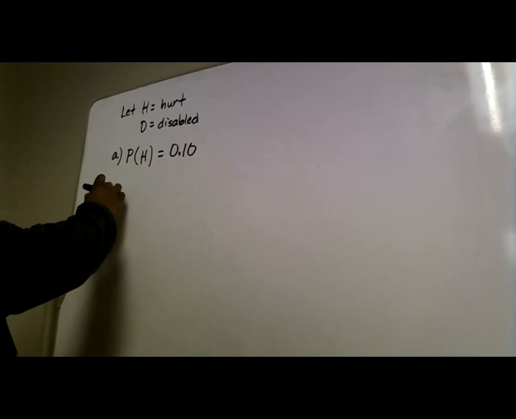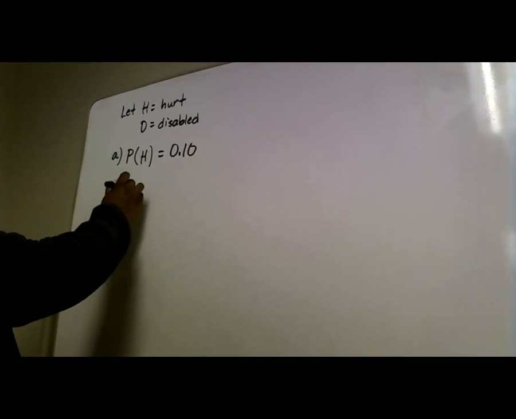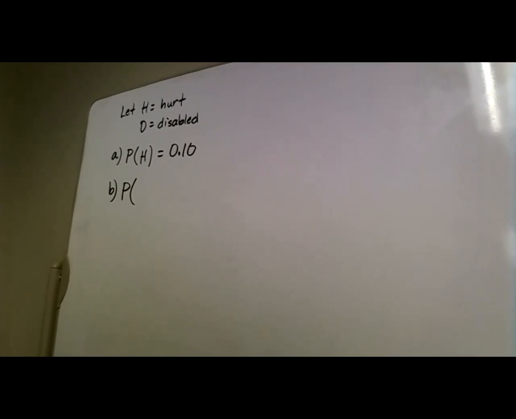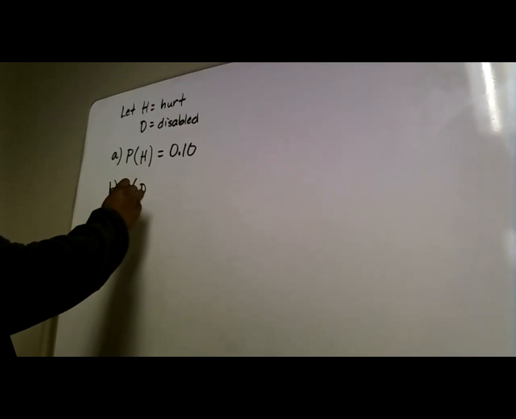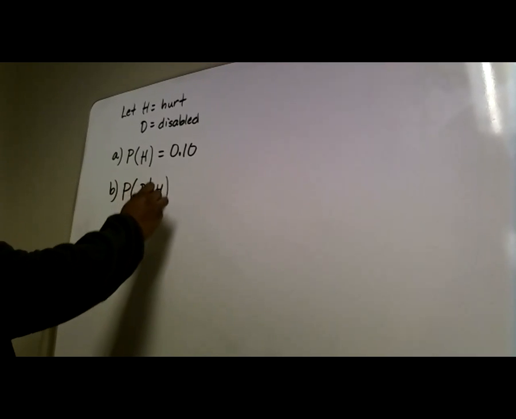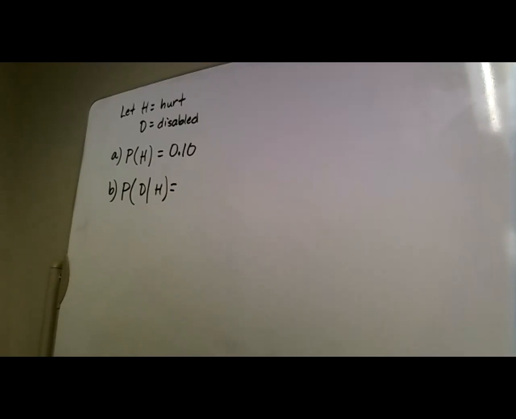And now part B, the probability that the person becomes permanently disabled, that's D, given that the officer is hurt in the line of duty.